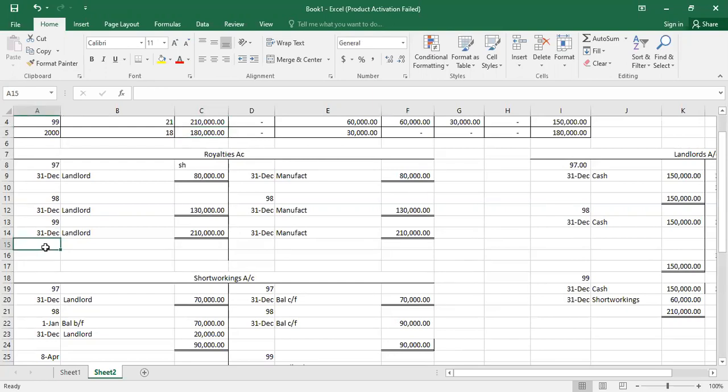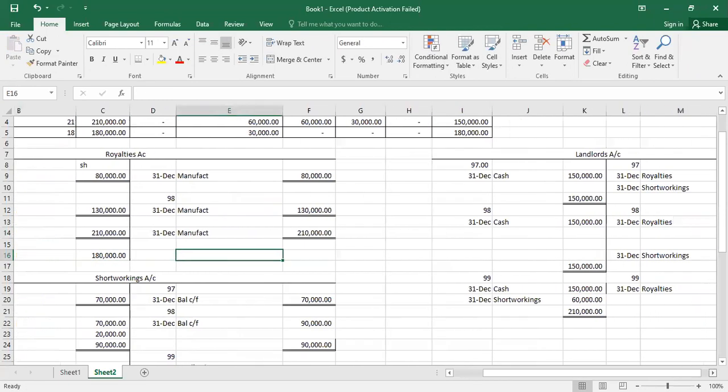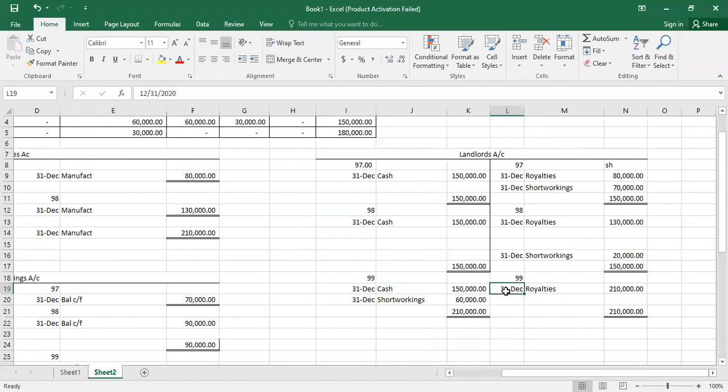So in the year 2000, I debit the royalties account with 180 and I credit the landlord's account. The year is 2000.